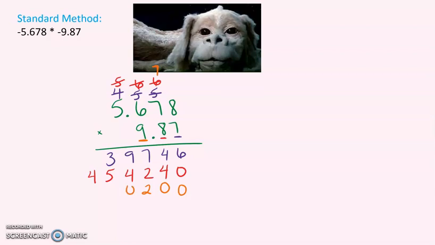Plus 7 more is 70. I have 9 times 6, which is 54. Plus 7 more is 61. And then 9 times 5, which is 45. Plus 6 more is 51.